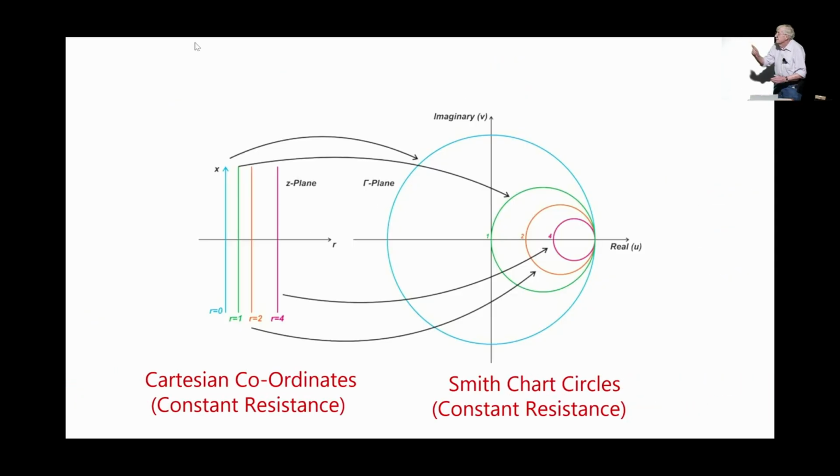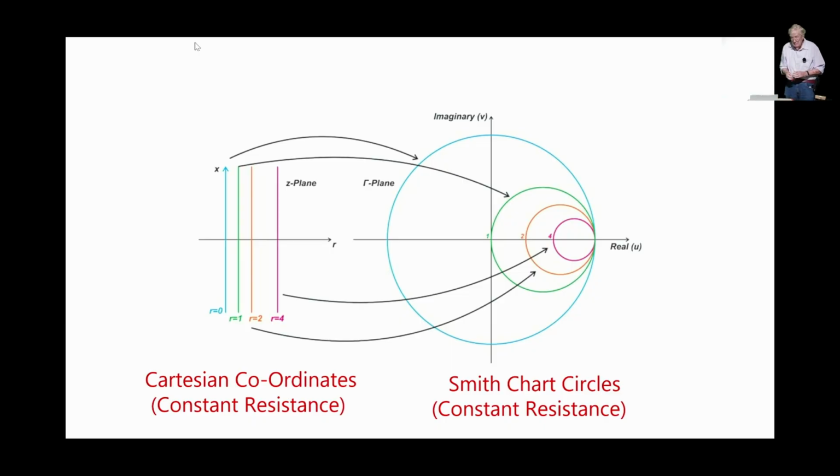And again, I've got Cartesian coordinates on the left, where we've got a number of different resistances, and then we transferred that to the Smith chart, and they transfer as circles on the Smith chart.